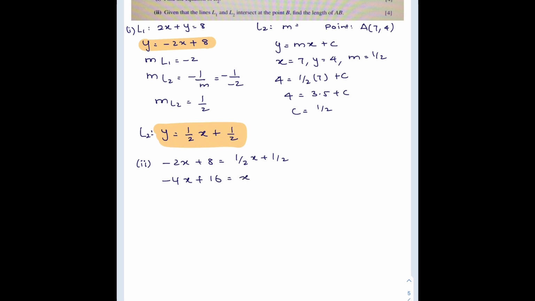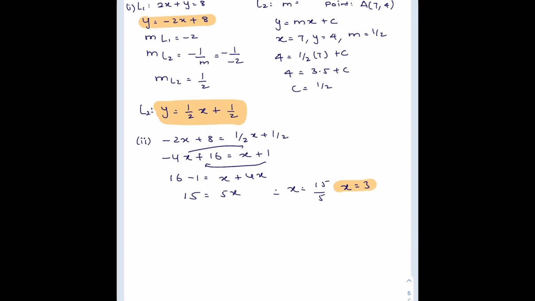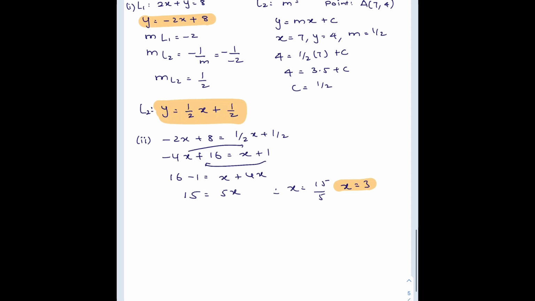Multiply throughout by 2. So -4x plus 16 is x plus 1. Substitute. Send 4x there, 1 there. So 16 minus 1 is x plus 4x. So 15 equals 5x. X is 15 over 5. X is 3. I got x equals 3.